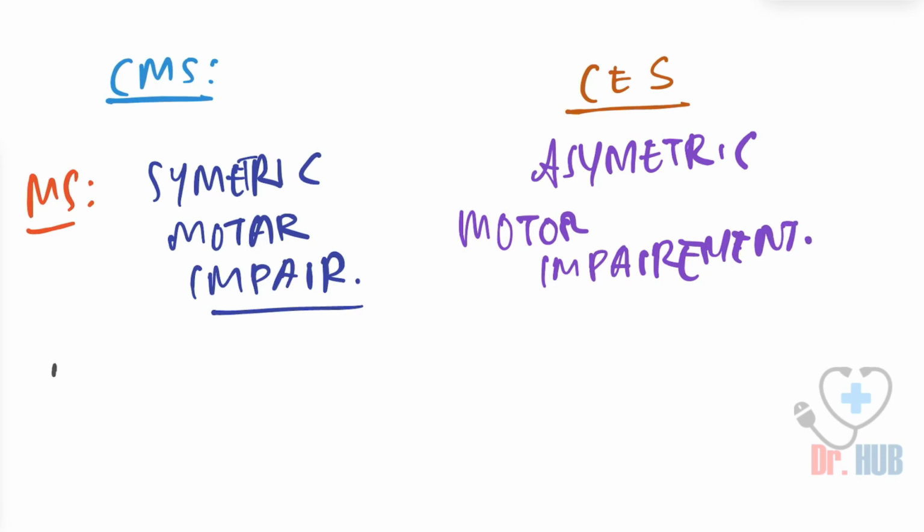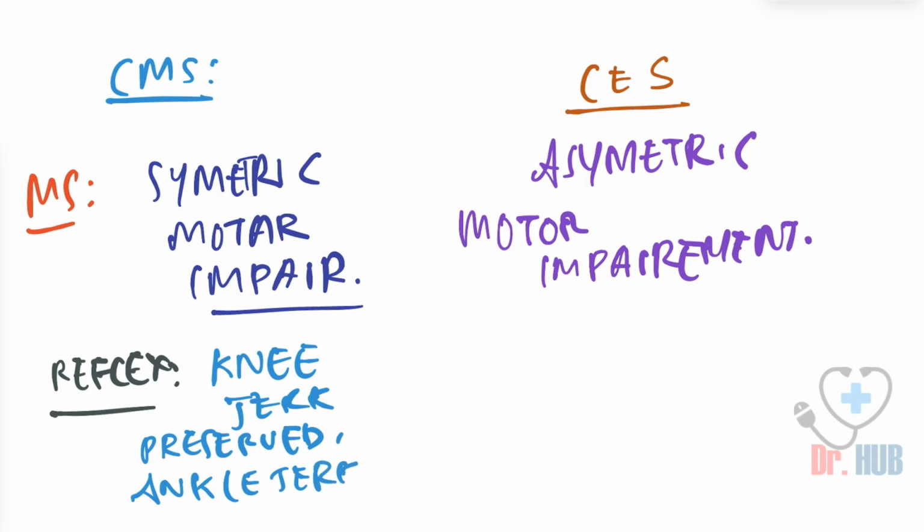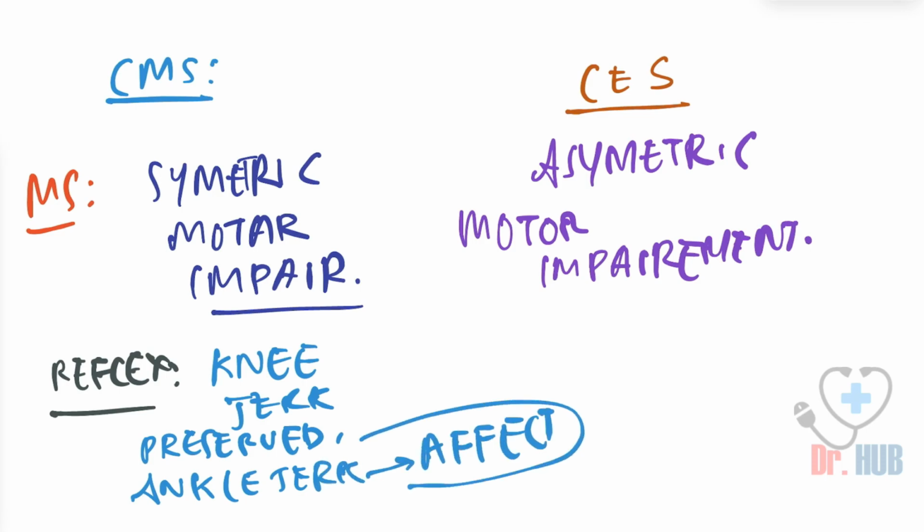Then when we see the reflexes, in case of CMS the knee jerk is preserved and the ankle jerk is affected.